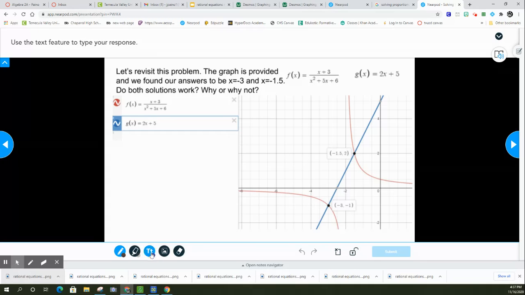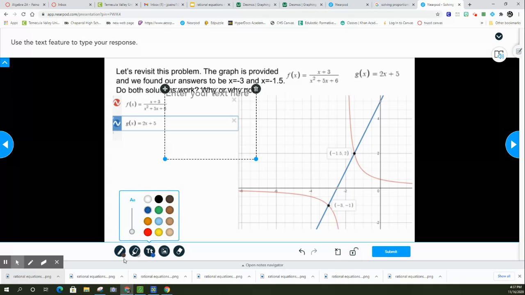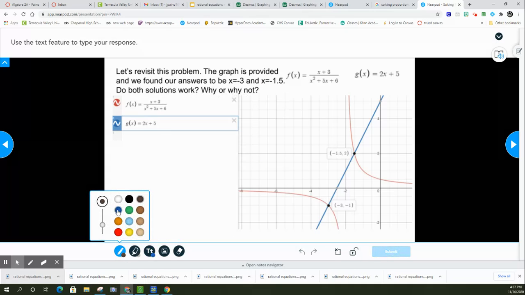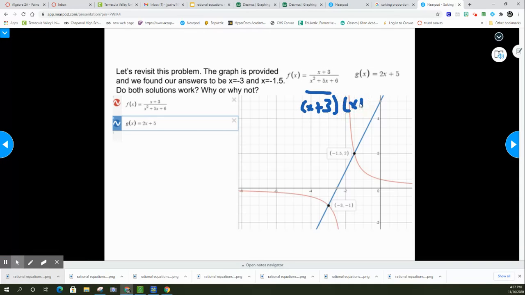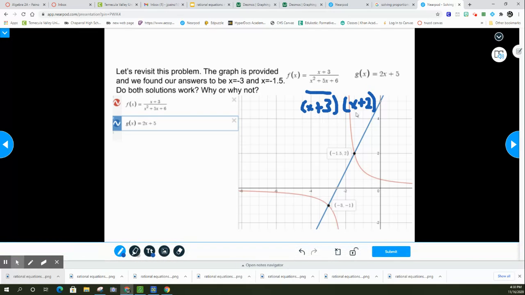Maybe it's easier to factor this, which we've already done. If I factor the bottom one more time, it's going to be x plus 3 times x plus 2 on the bottom. So negative 3 won't work and negative 2 won't work, and one of my answers was negative 3.